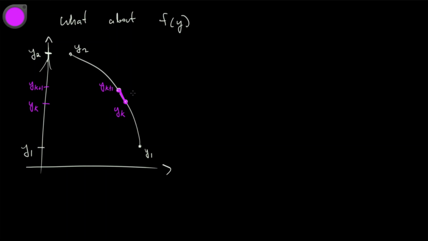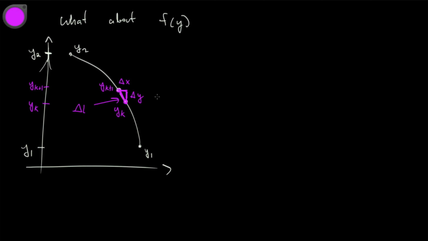What is the length of this curve? Let's look at the length of this curve, and then let's do it an infinite amount of times. The length of this curve is still the quantity delta x squared plus the quantity delta y squared, all rooted.